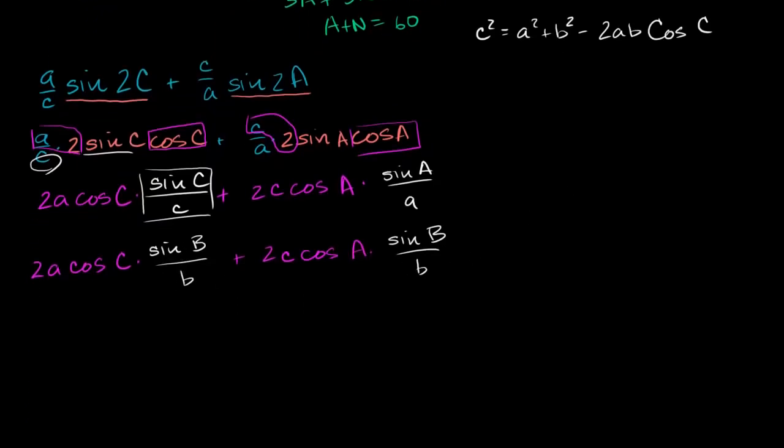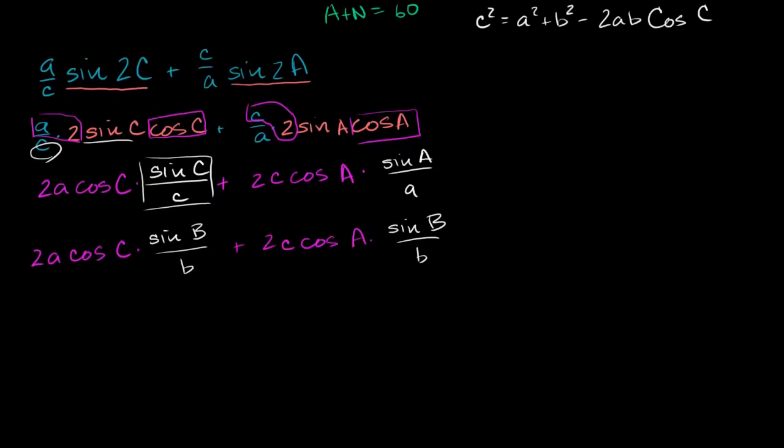So this is the same thing as 2a, and I already have a sense of what the next step is, so I'm going to leave a little space here. 2a times cosine of c plus 2 lowercase c times the cosine of a, and all of this times the sine of b over b. And we already know that b is 60 degrees.